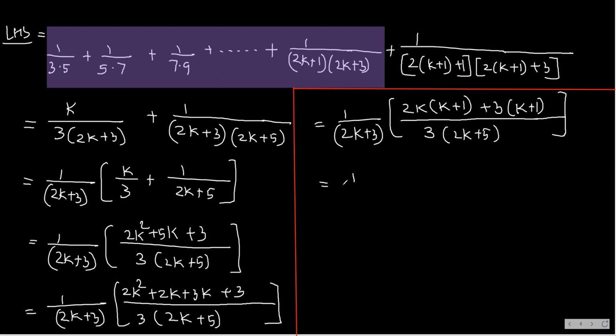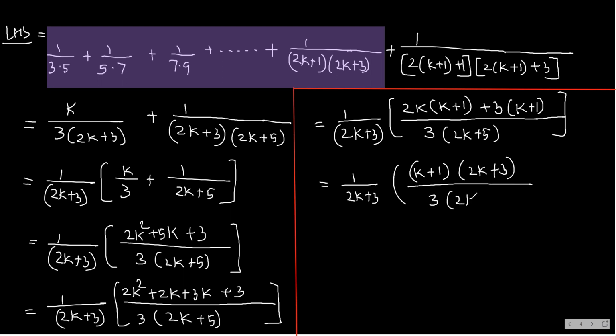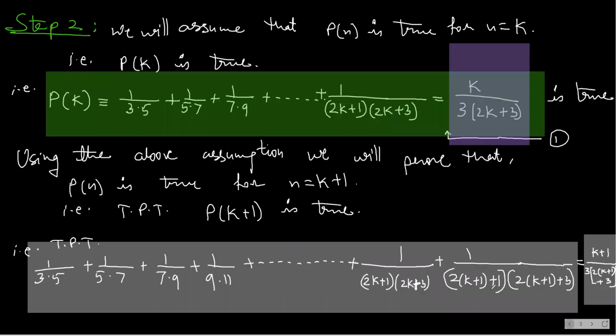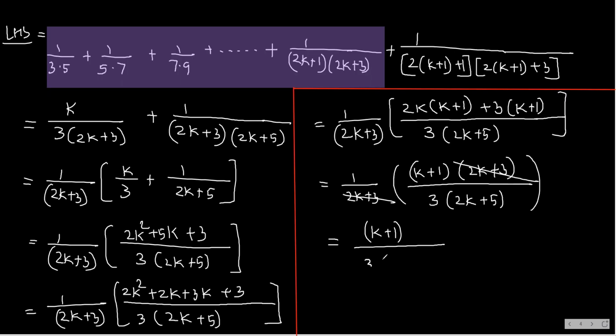So 1 upon 2k plus 3, k plus 1 is common, and 2k plus 3 upon 3 into 2k plus 5. So 2k plus 3 cancels. We get here k plus 1 upon 3 into 2k plus 5.